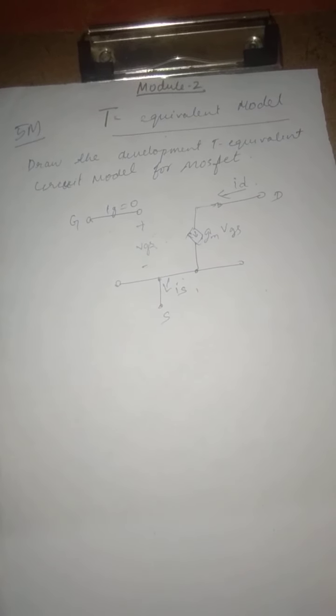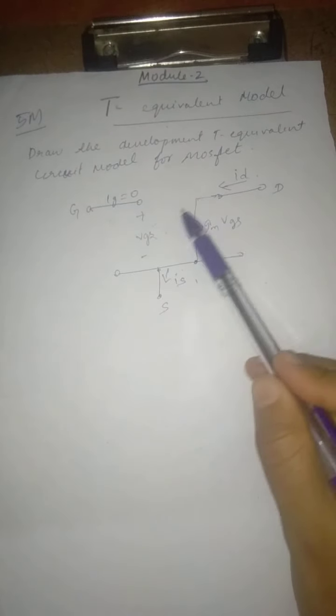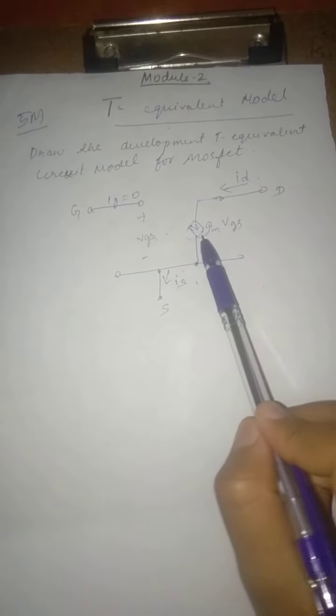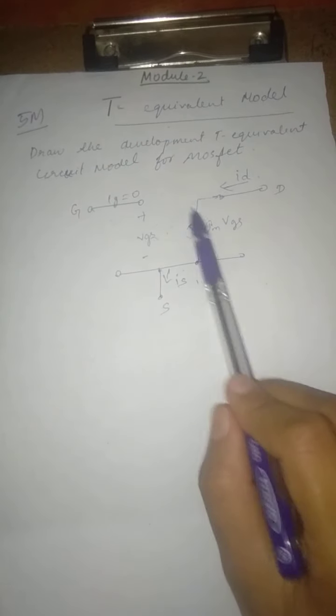Now to this figure, we are going to just add one GM-VGS current source in series to the original controlled source. This is our original controlled source. So in series to this we are just going to add another GM-VGS. So let's do that.